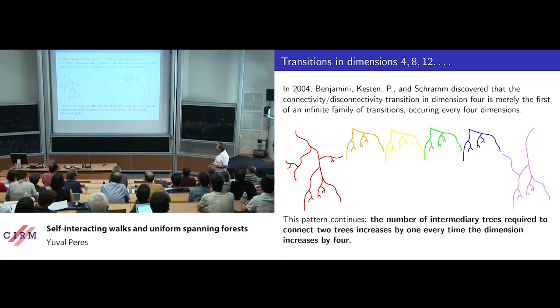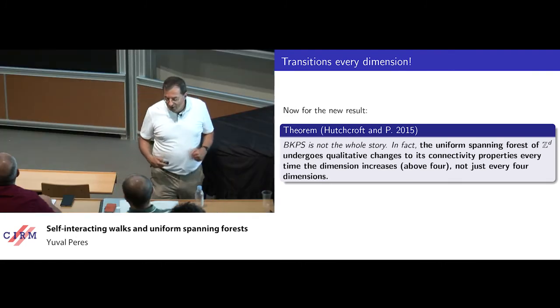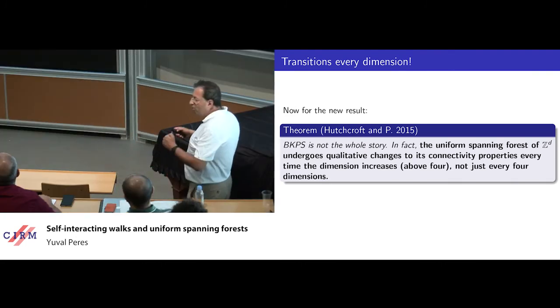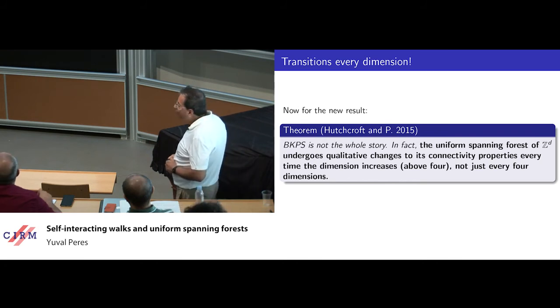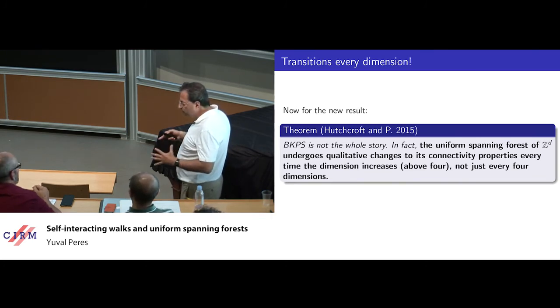So this was the question I addressed with Tom, and it turned out to be much harder than I expected, but also my co-author was up to the task, and so we can understand the structure and distinguish any dimension.